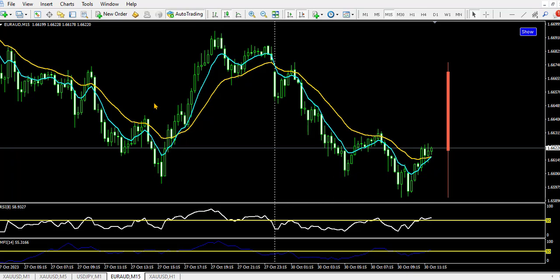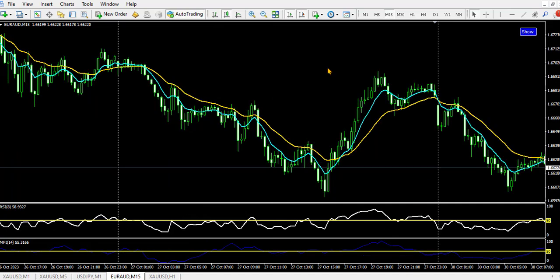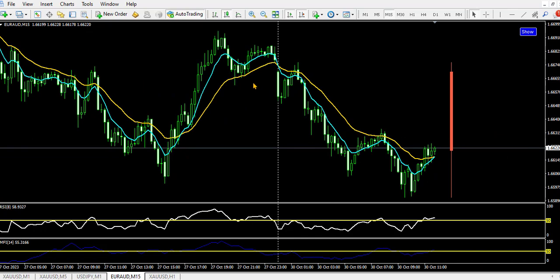So you can use this to trade Bitcoin, Ethereum, Doge, any crypto you want to trade, and this can be used to trade stocks like Facebook, Amazon. So as many as you have on your MT4, you can use this to trade any forex pair you want to trade. Having said that, let me explain how to use these simple indicators that I've combined together.